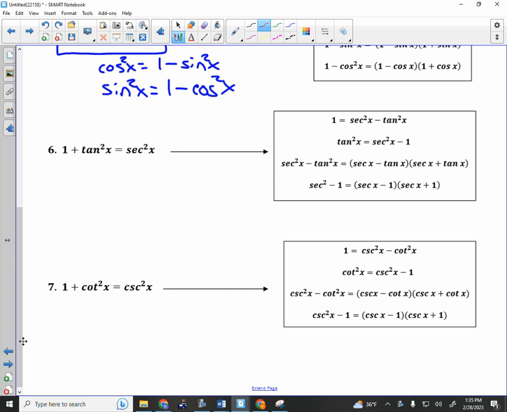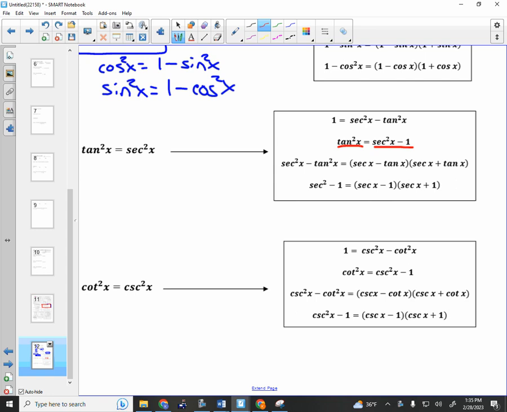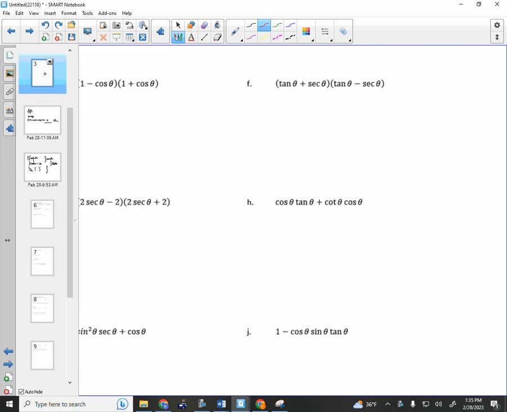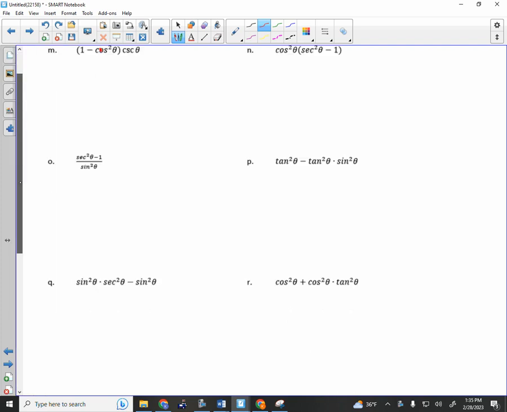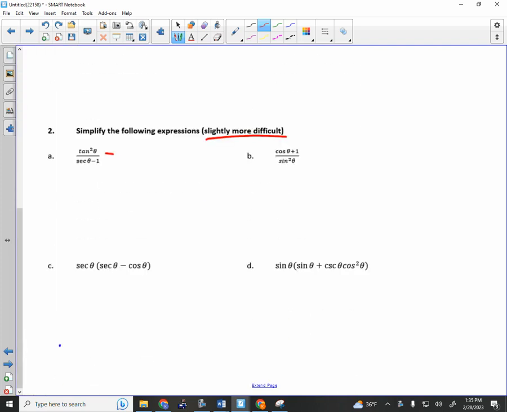Notice on the problem that I'm looking at, in the top, you have tangent squared. And I'm going to substitute that in its place. So it looks a little bit ugly at first, but we're going to make it really pretty in the end. Okay. So on the top, instead of tangent squared, I'm going to write secant squared of theta minus 1. And in the bottom, I'll write secant of theta minus 1.